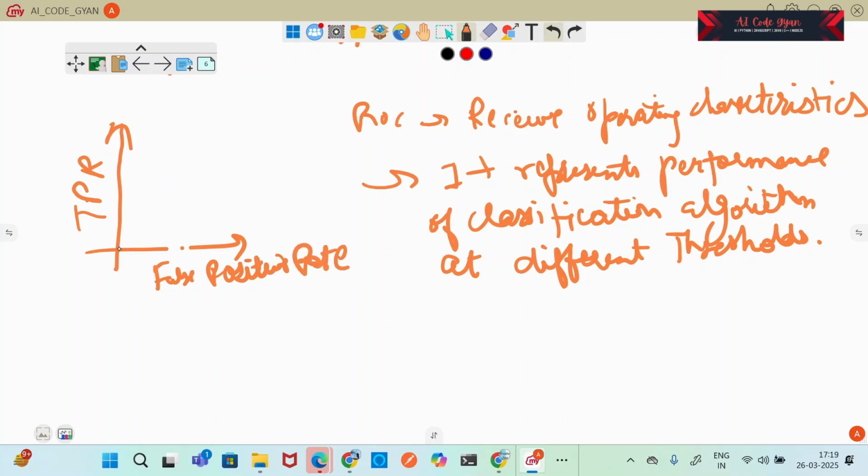When we see the curve online, it goes something like this. The area under this curve is called AUC, which determines at which threshold this area is maximum. That will be the best model. At this threshold, the area will be maximum.